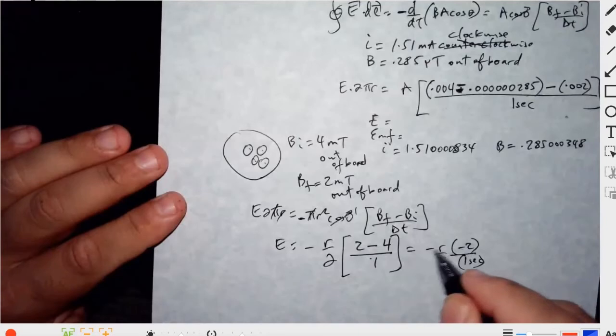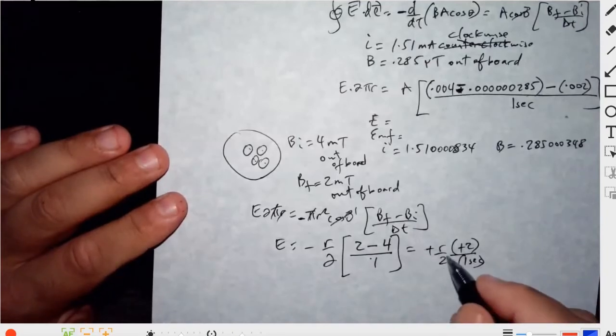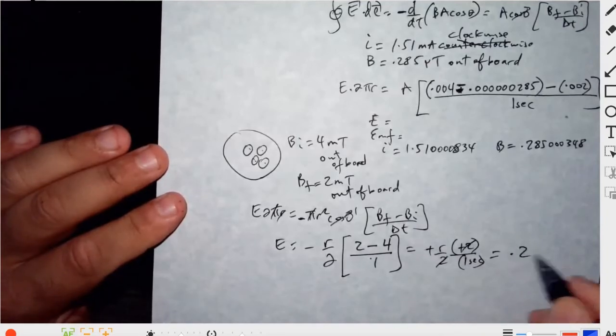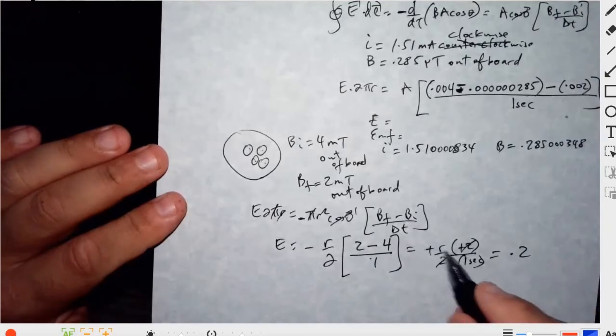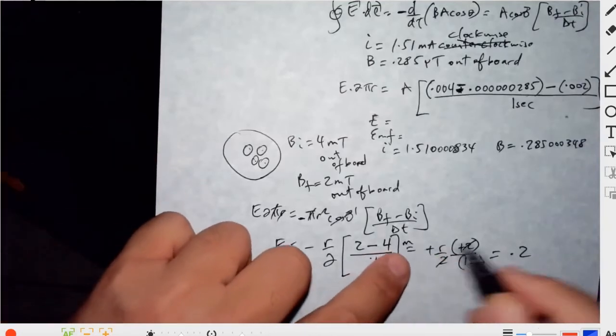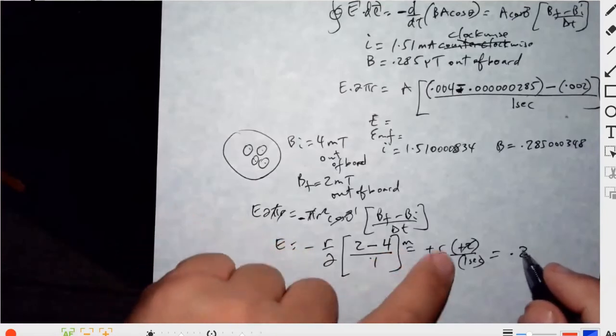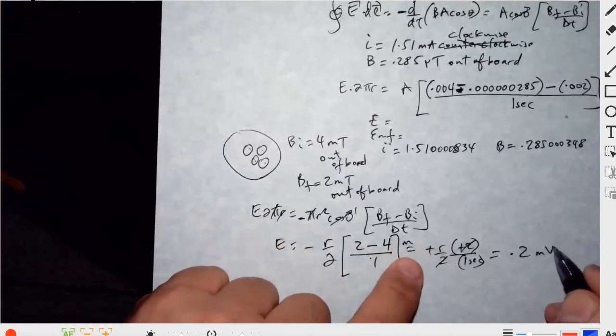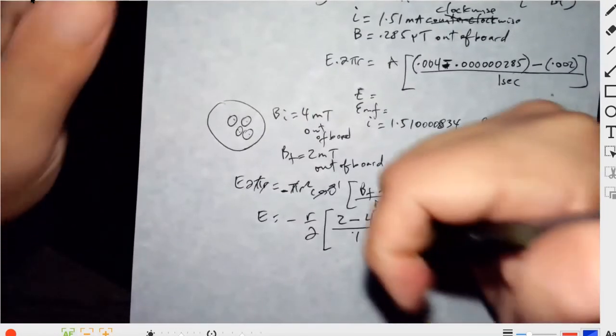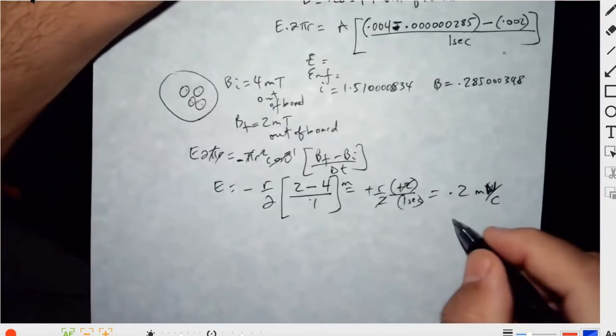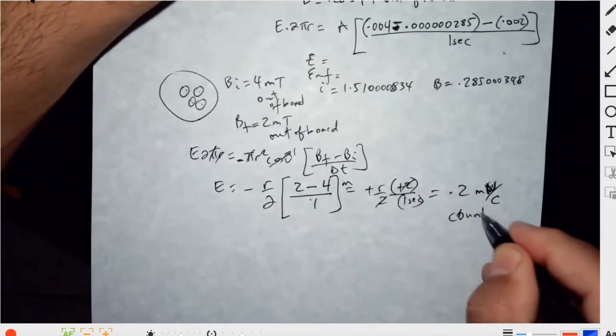And now notice the two negatives are going to cancel, and you're going to get 0.2, right? Or there was also a milli here. So 0.2 for the radius, newtons per coulomb. So now it comes out positive, and positive usually means counterclockwise. So the electric field is counterclockwise.